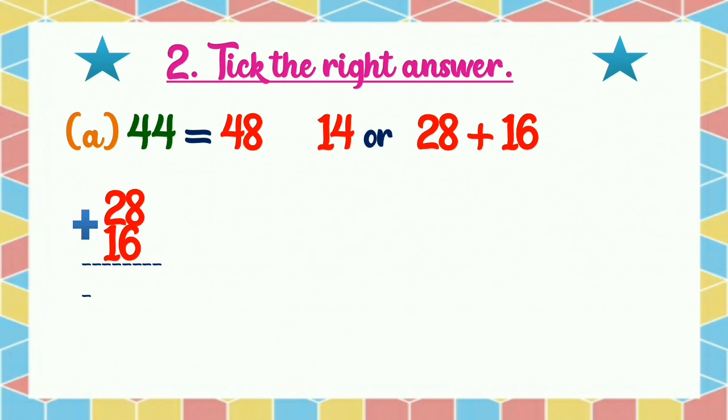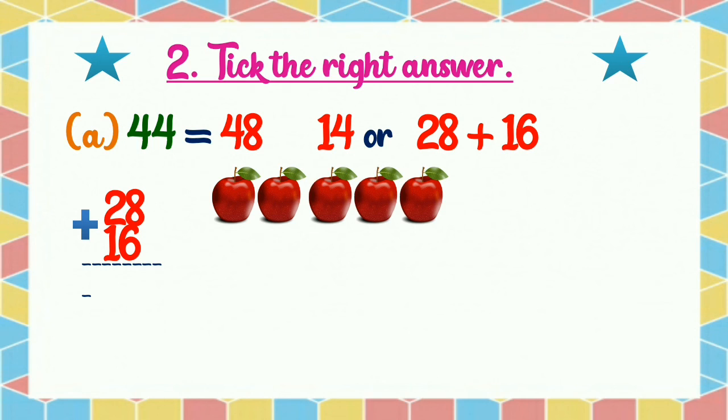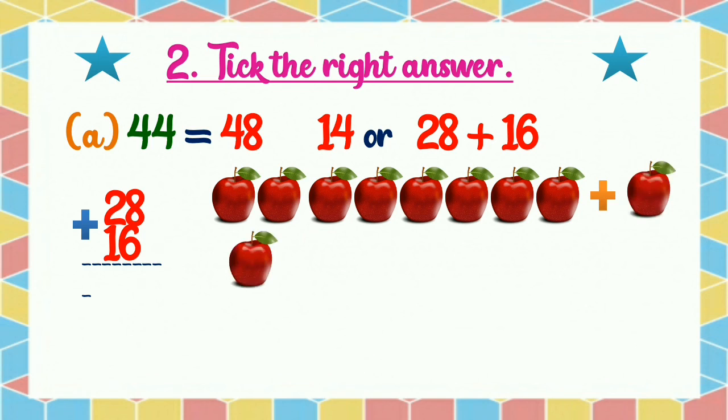Firstly we take 8 apples: 1, 2, 3, 4, 5, 6, 7 and 8. Okay, now plus 6 means we take 6 apples: 1, 2, 3, 4, 5 and 6.